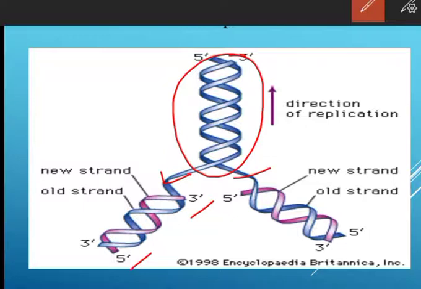Both act as the parental strand. Both are complementary strands, and the new complementary strand for each strand of DNA will be synthesized. And this scheme of DNA replication was termed as the semi-conservative DNA replication.